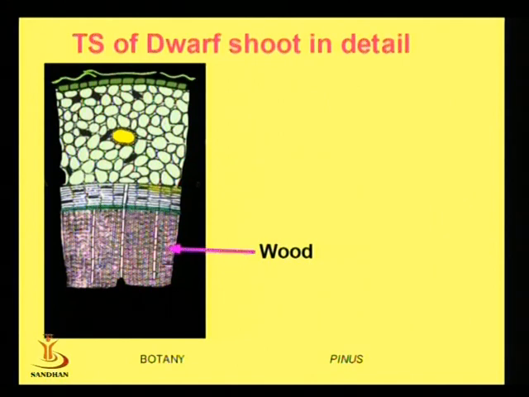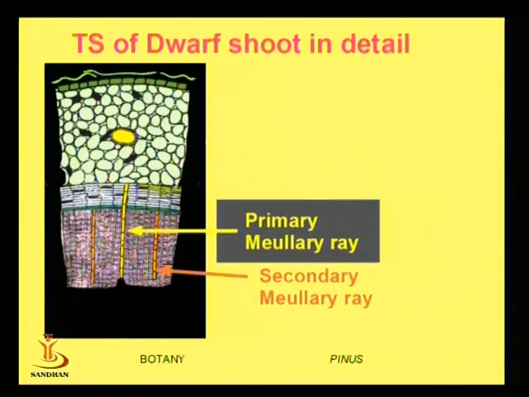But this wood is also showing two different kinds of medullary rays. One is the primary medullary rays. These primary medullary rays start from the phloem part and radiate toward the center, while there are secondary medullary rays also. These secondary medullary rays start from the cambium part, so they are found only in the wood region.